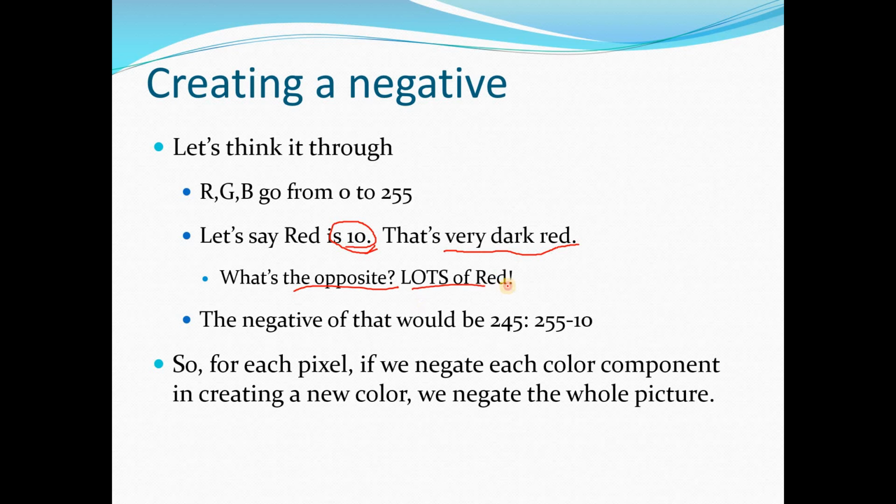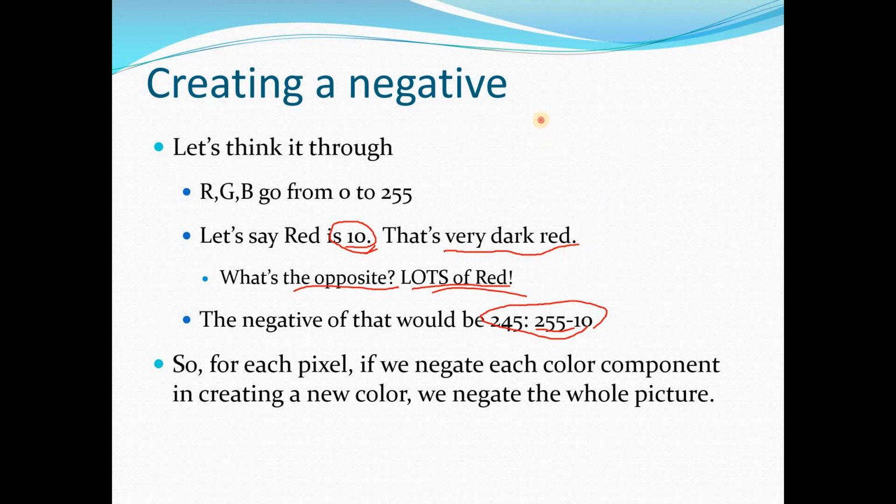It means light red, a lot of red. That was done using this operation: you subtract the value from 255. So if the value was 10, you make it 255 minus 10. It becomes 245.